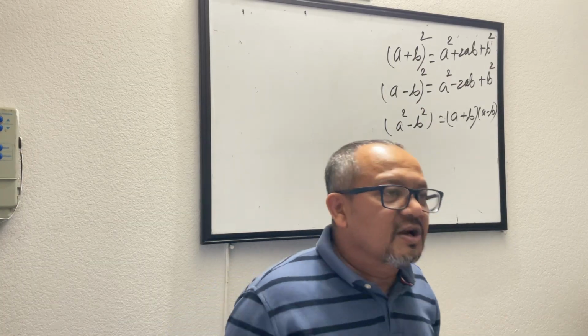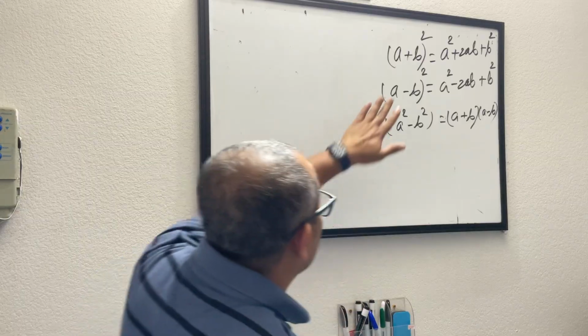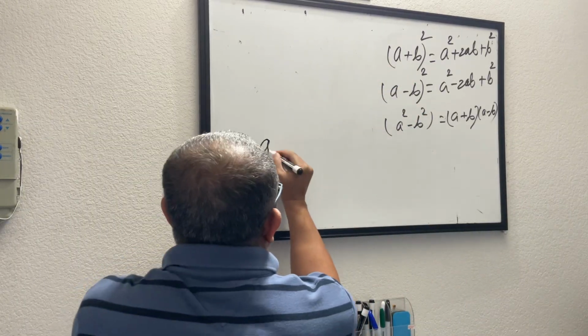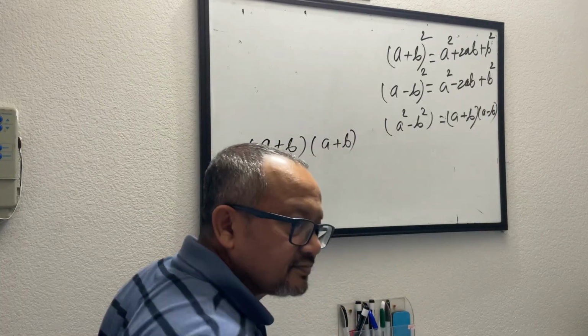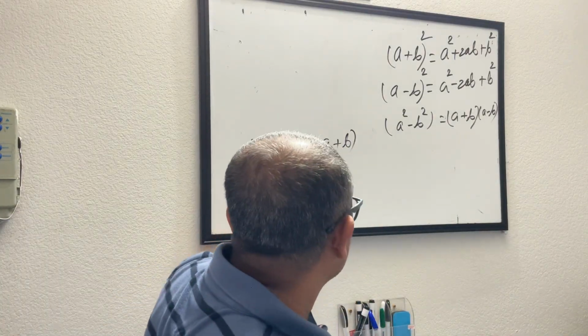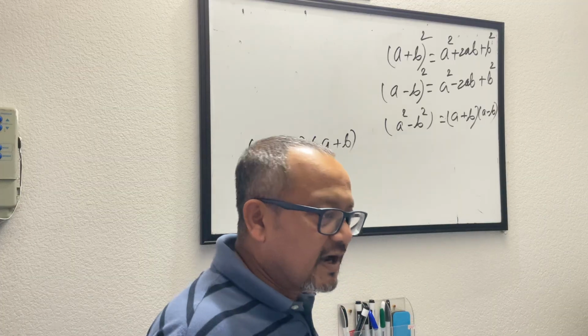So this is about multiplying polynomials, okay? This is the first step of multiplying polynomials. If you look at this, a plus b whole square, this is nothing but a plus b times a plus b, okay? This is one polynomial and this is one other polynomial. We are multiplying these two polynomials. And how do we do it?